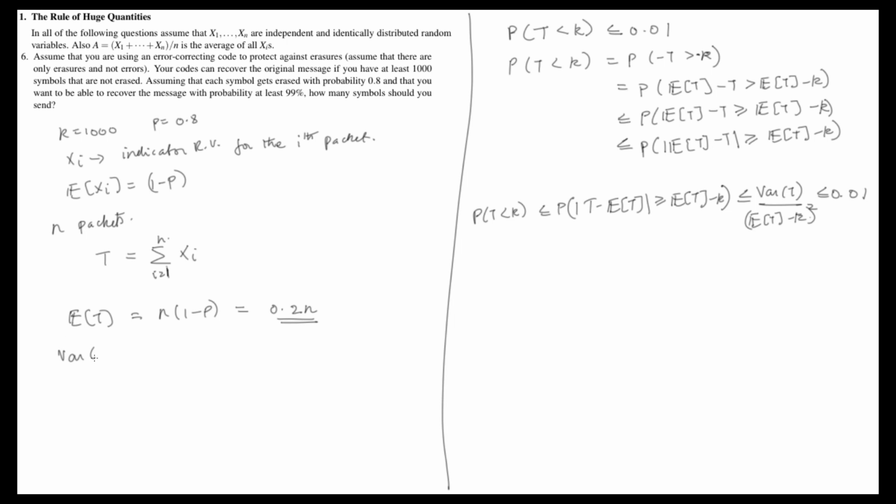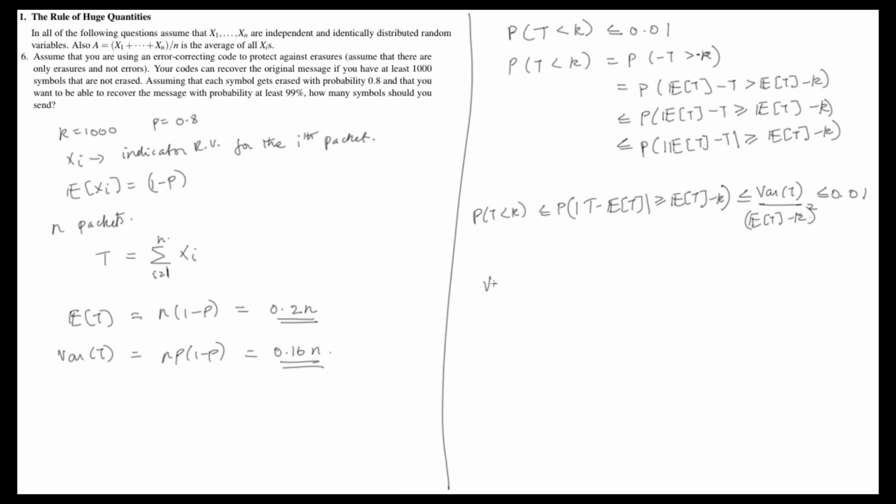What is variance of T? Because this is just a binomial distribution, it's n times p times 1 minus p, which is equal to 0.16n. If you just calculate p times 1 minus p, you get 0.16. Now let's go back here and substitute these values in.